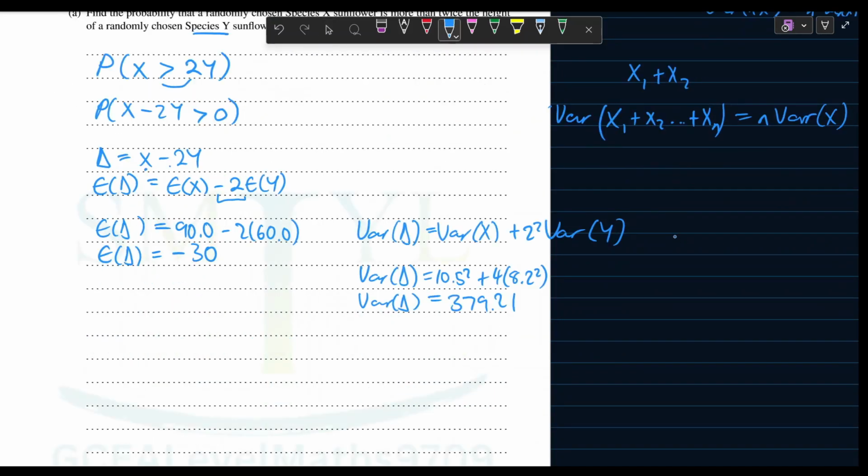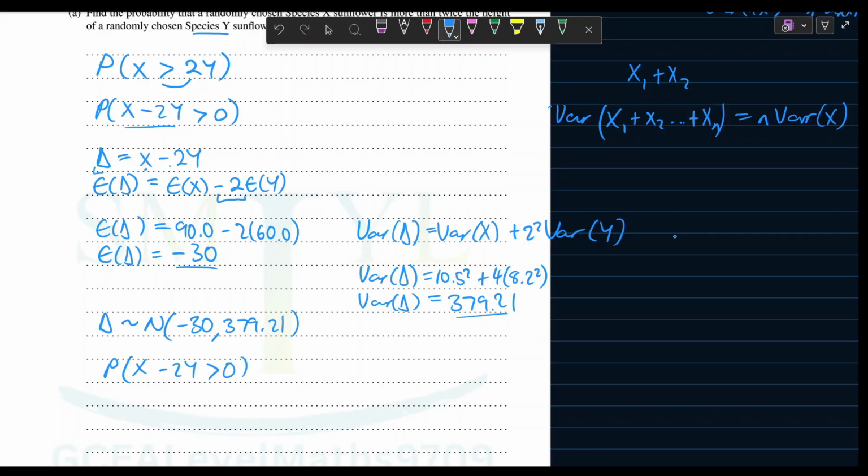Now, because D is coming from x minus 2y, and x and y are both normally distributed, it means D is also going to follow a normal distribution, with its mean being negative 30 and its variance being 379.21.